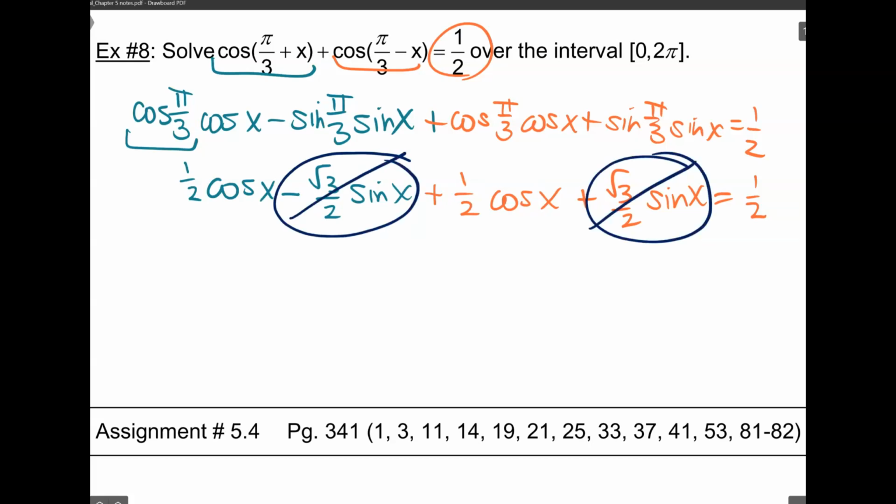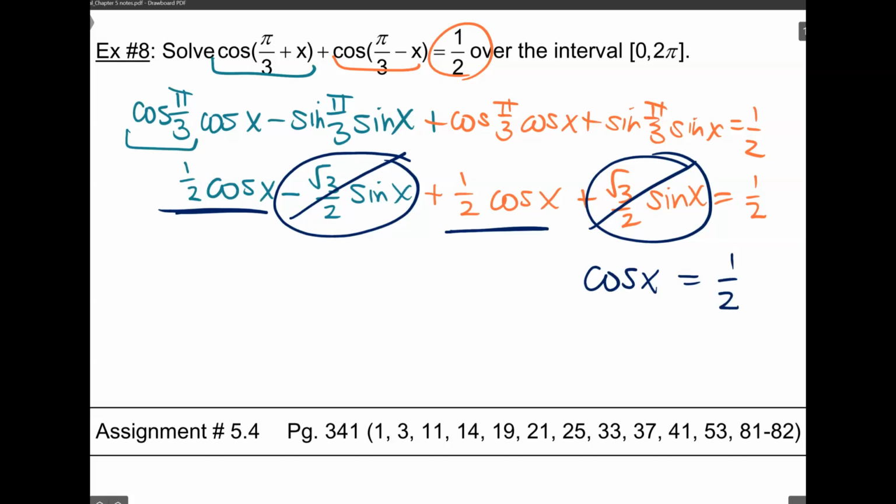Those go away. And then what about these two cosine? What is 1/2 plus 1/2? A whole. Okay, cool. So I'm left with cosine of x is equal to 1/2.